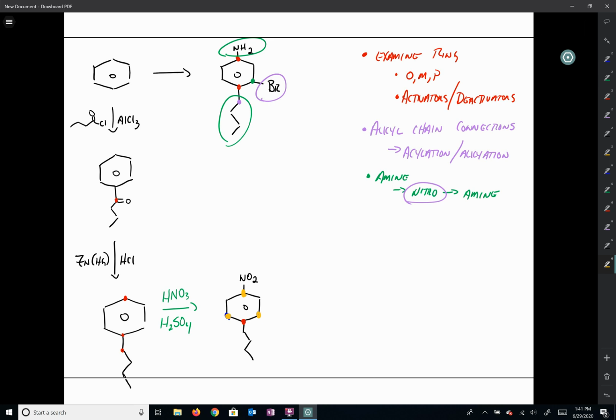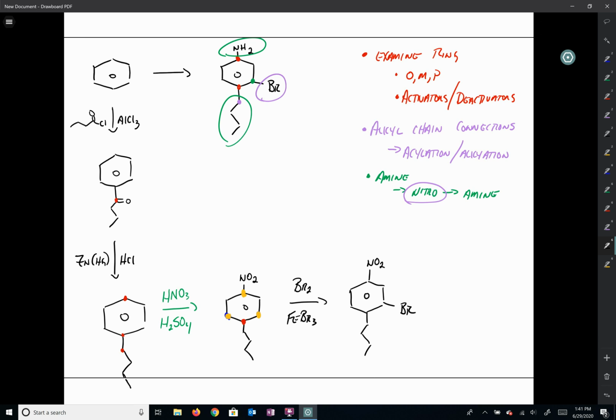So let's go ahead and add our halogen then. We'll come in with our typical halogenation, Br2, FeBr3. Probably would be a somewhat slow reaction, but this is still fine. We've got an activator and a deactivator on there, and we're still good.